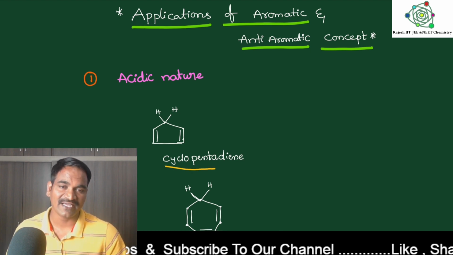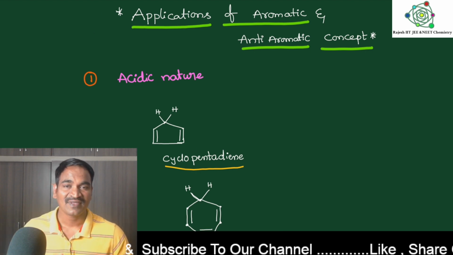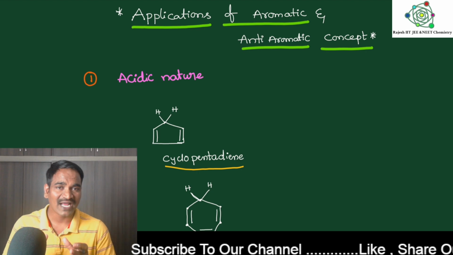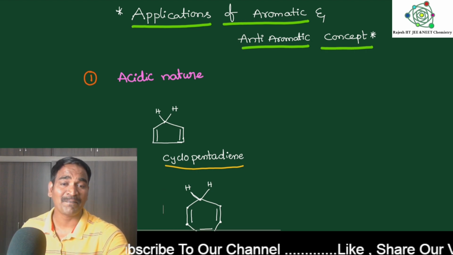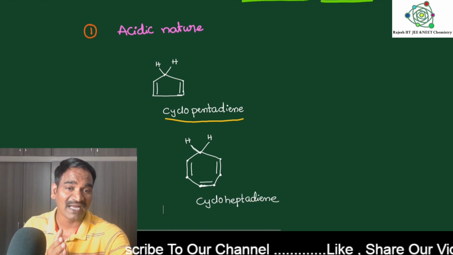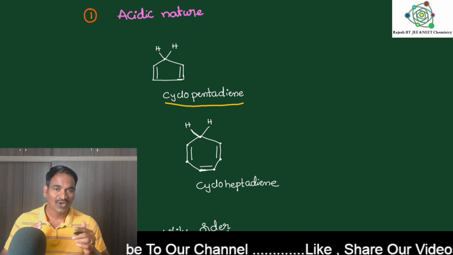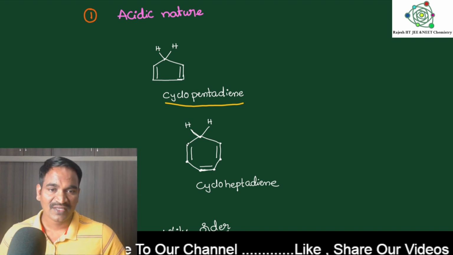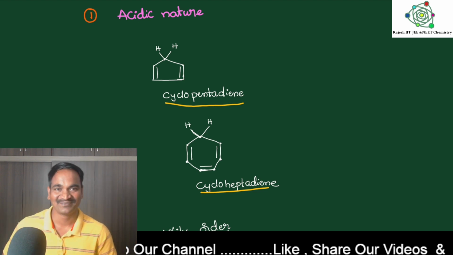If you take cyclopentadiene, how can we decide whether it is more acidic or not, when you compare it with cycloheptadiene? I want to compare these two. We need to decide which is more acidic, right?